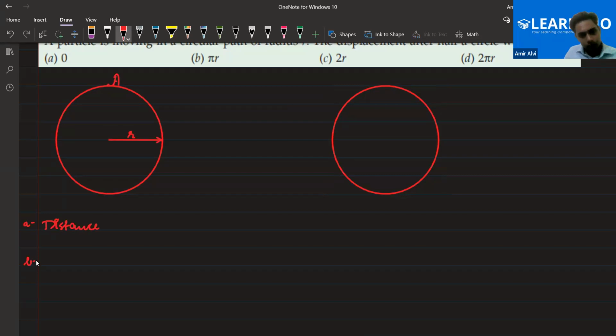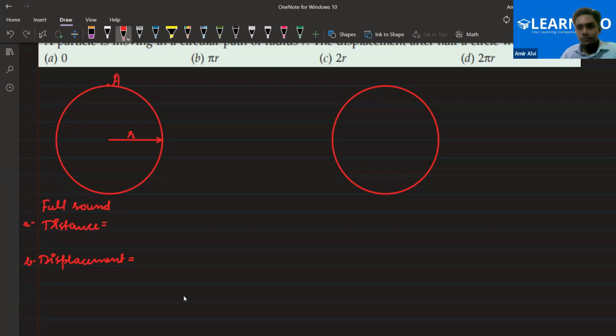Achha, please tell me what is the distance if we take a full round of the circle? Yes, everyone. If I make a full round of the circle, what will be the distance if the radius is R? 2 pi R.